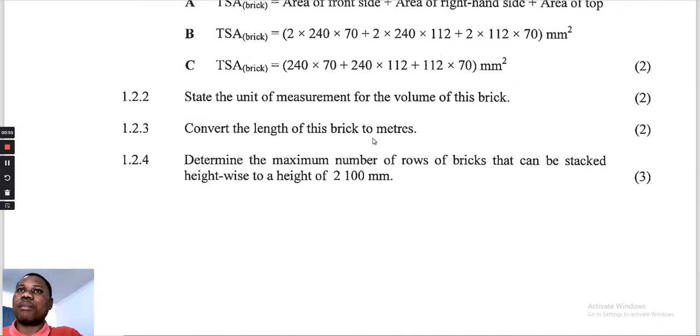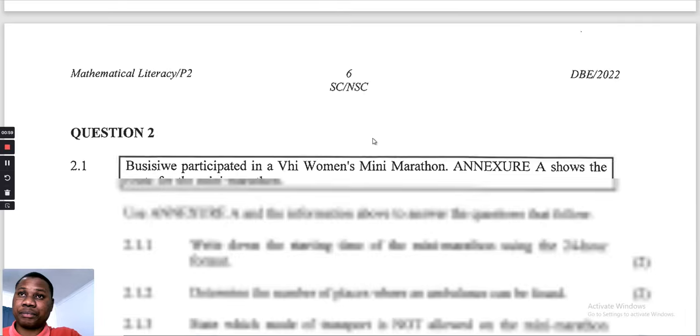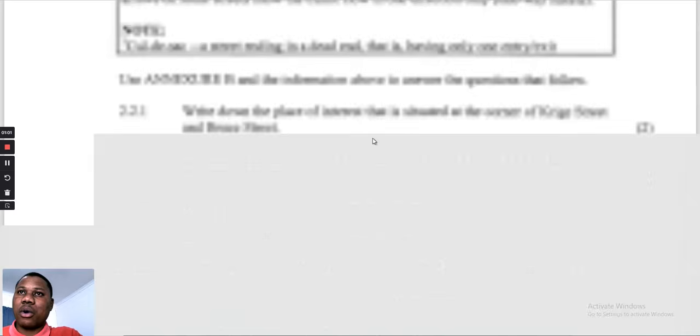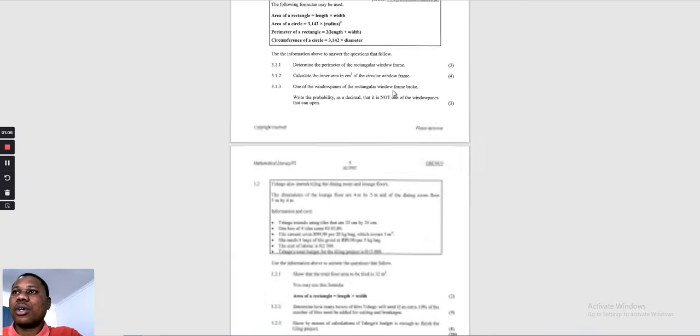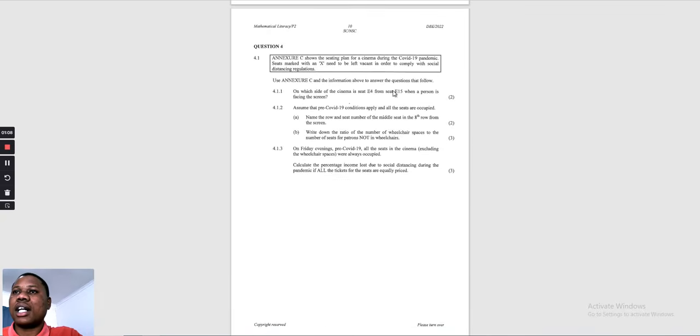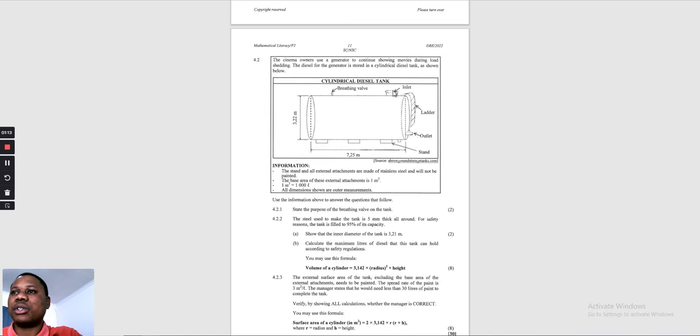So I will only be walking you through question one and question number three, and also a bit of question number four. Question four also has measurements, 4.2. That's what we'll be dealing with for tonight.